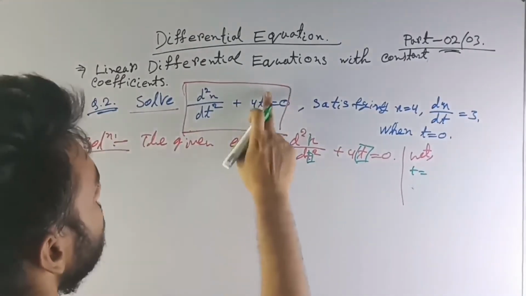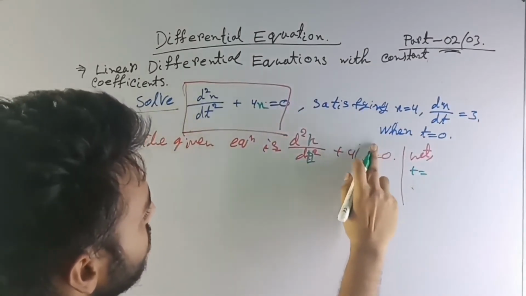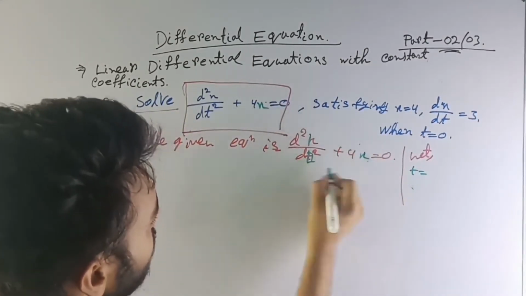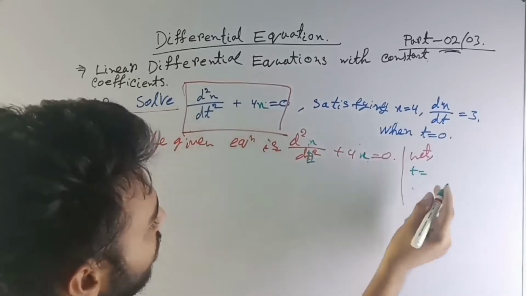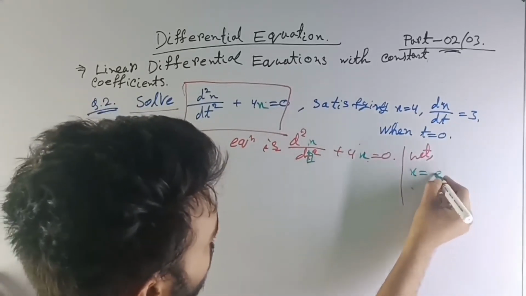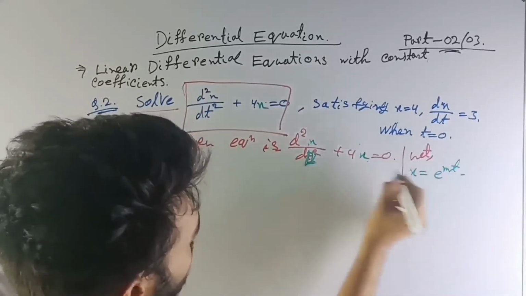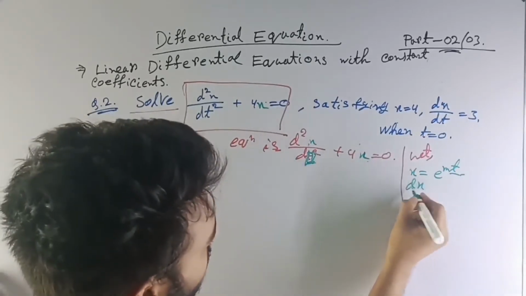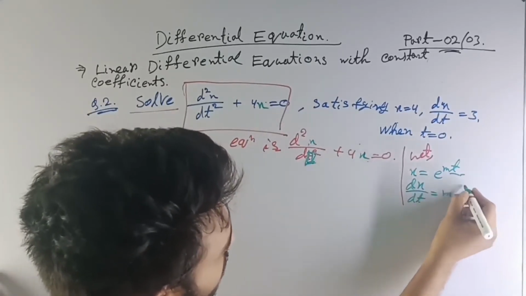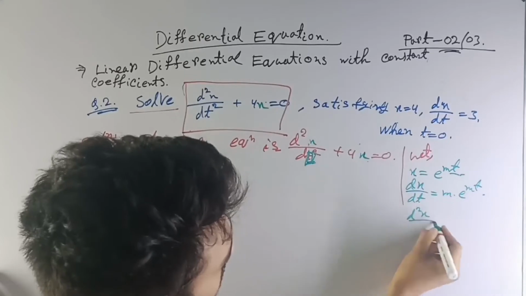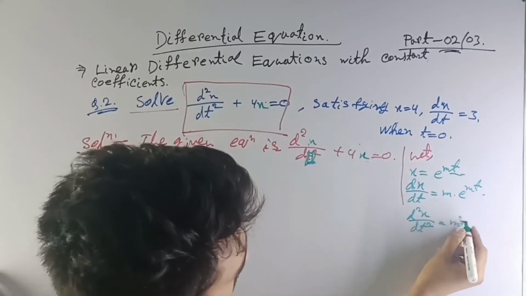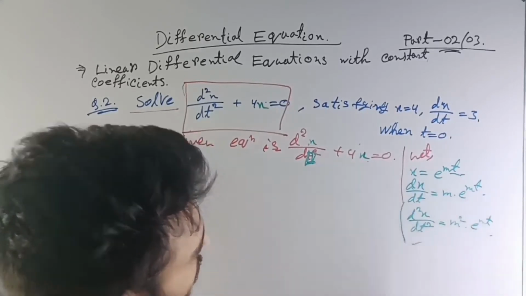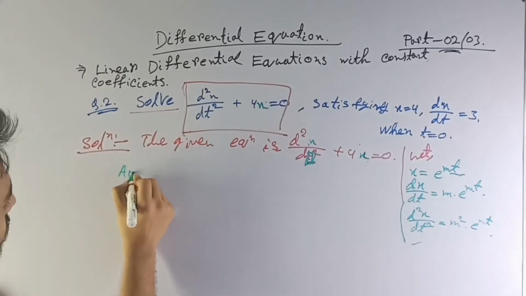I think this question has a typo, that becomes x. So let x = e^(mt), and dx/dt = m e^(mt), and d2x/dt2 = m² e^(mt). That's it.